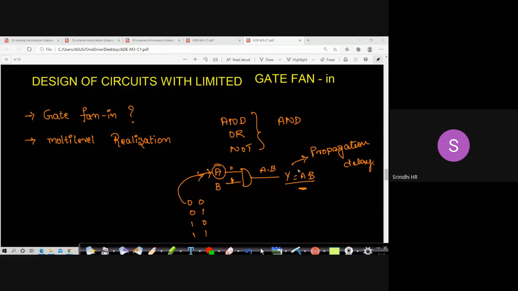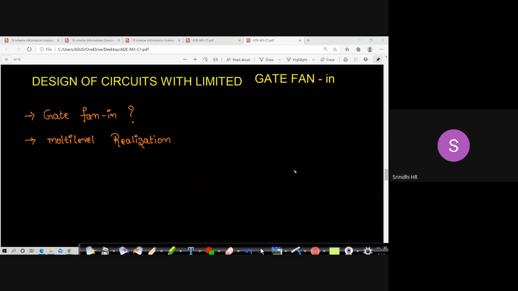Now what exactly is propagation delay? So this is my propagation delay. Any gate, your AND gate, OR gate, or anything. Let's say I have a 7404, an IC for the gate, or any other IC.